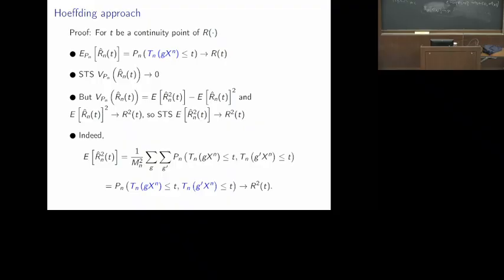For the expectation of the square, you end up with the product of the indicators of this event: the product of both random test statistics being less than t. The product of the indicators is the indicator of the product, the expectation of the indicator is the probability, and so you're just taking a simple average of that.